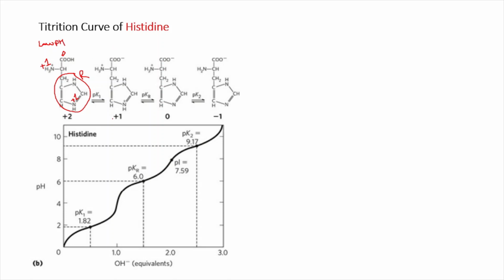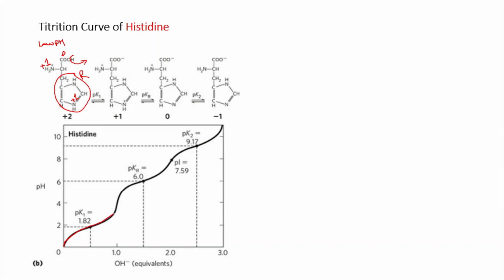Now as you increase the pH, first this carboxylic group loses a proton, and the overall charge becomes +1. Then as you increase the pH, this is the zwitterionic form, and the overall charge becomes 0. Then as you continuously increase the pH, the overall charge becomes -1. As you can see in the graph, it increases after continuous addition of base.